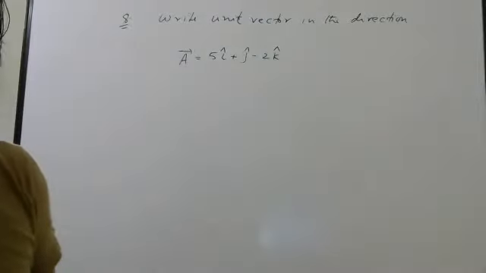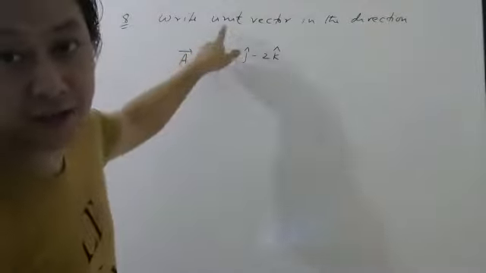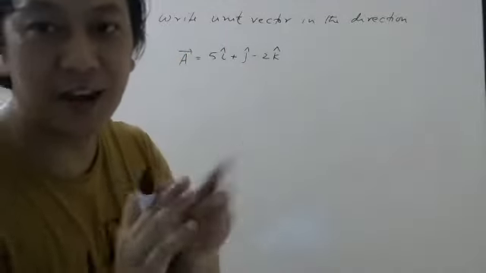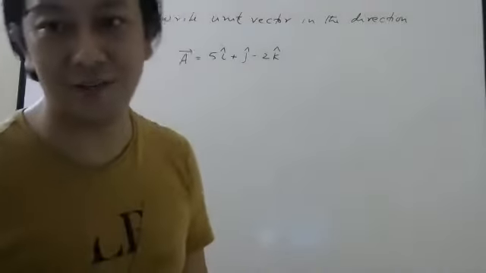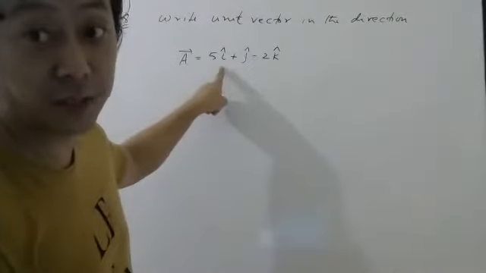Okay, students, what is the unit vector they are asking? Don't write 1 as the answer again. They are not asking what is the magnitude of the unit vector. They want the unit vector in the direction of this specific vector.